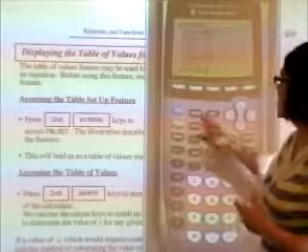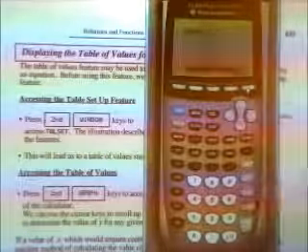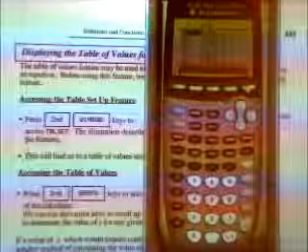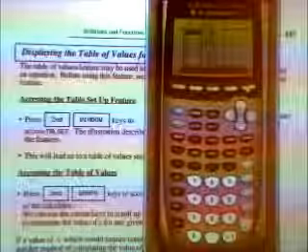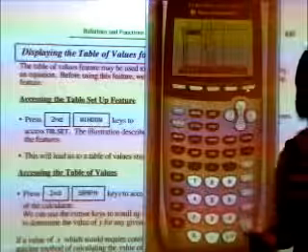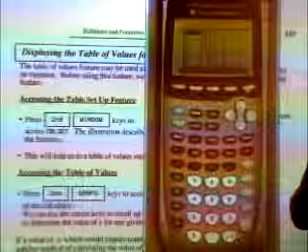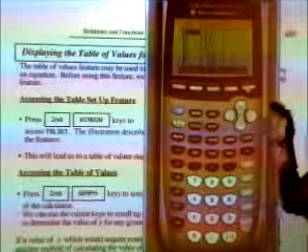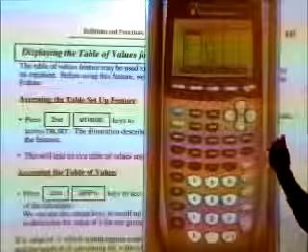So the table of values. I've already shown you how to access it. We go second, graph, and there's my table. But before I access my table, I could set up my table. In the question that we did with the banquet the other day, we were going up by 100 people, 200 people, 300 people, or we were going up by 50s.